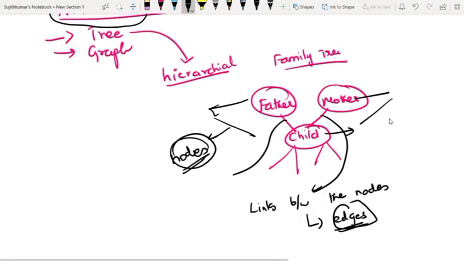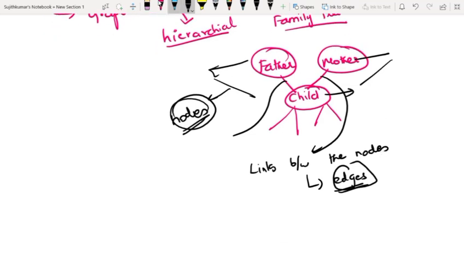The tree has its own applications in a lot of stuff, where you want to have a hierarchy. The best example is the file system on your computer. Let's say I'm clicking on my PC, and I'll get a lot of drives there.